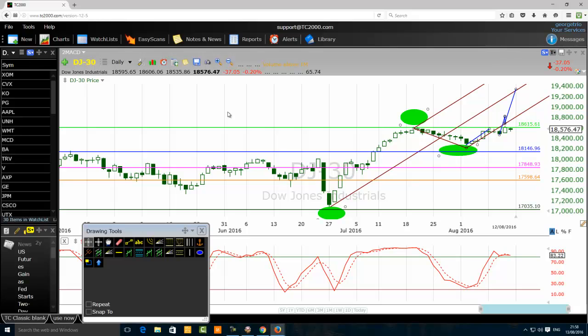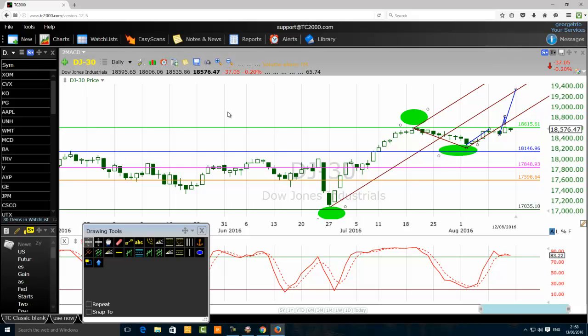So if you are day trading or swing trading in the currency market, the futures market, or the stock market, it is essential that you know exactly the short-term technical fair value for that financial instrument that you want to trade.